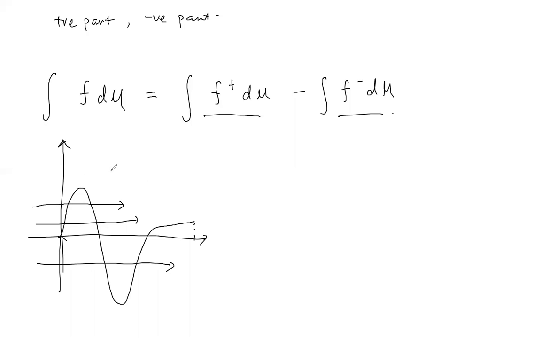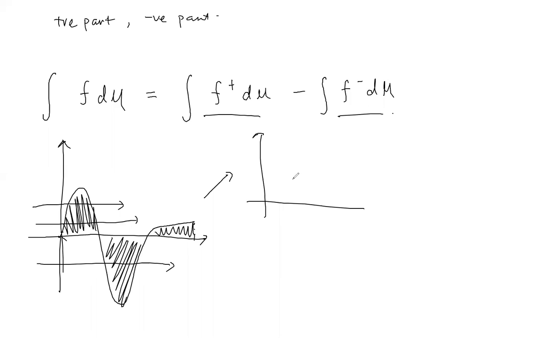To make it simple, we are interested in the area under the curve here. So we consider something like this. This is just the positive part. That means we will only sketch the function where it's positive. So this part, there's nothing here, 0. And over here, this is my f plus, so my integral of f plus is here.